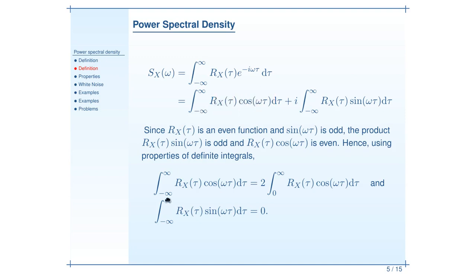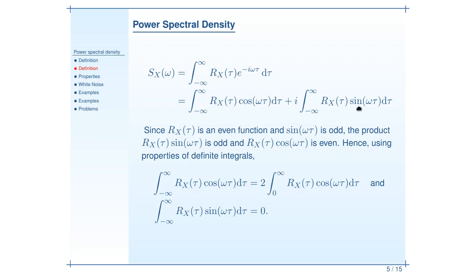And if an even function is integrated from minus infinity to infinity, it can be written as 2 times the integral from 0 to infinity of this function. This is a property of integrals. So the first expression can be simplified: instead of integrating from minus infinity to infinity, you need only integrate from 0 to infinity and multiply by 2. This is a consequence of the symmetry of this product, which is even.